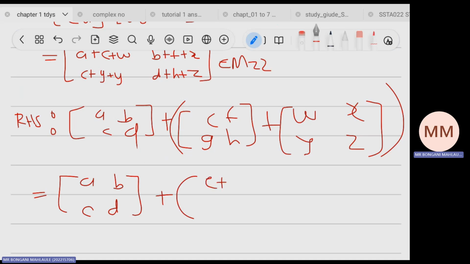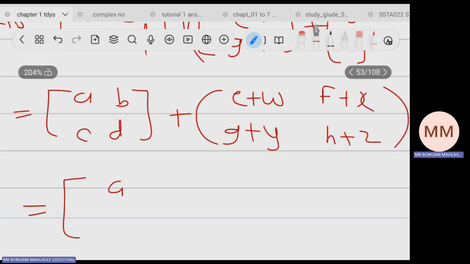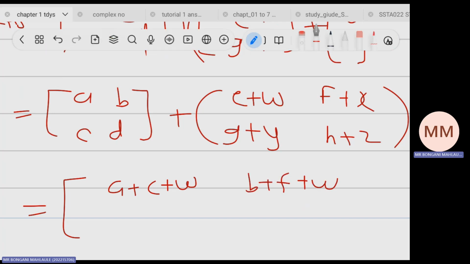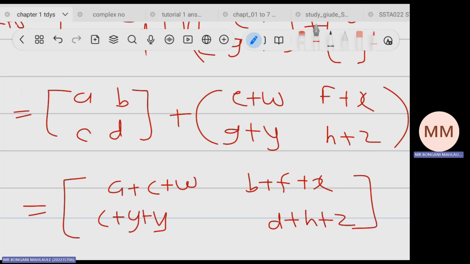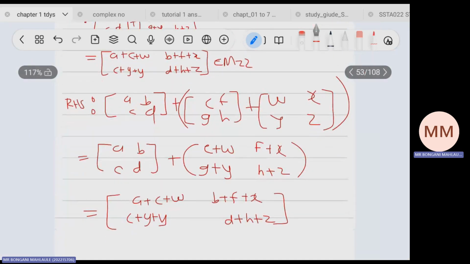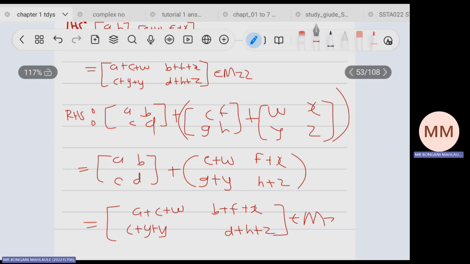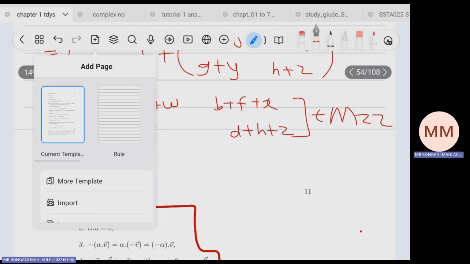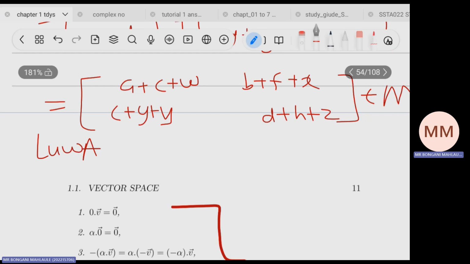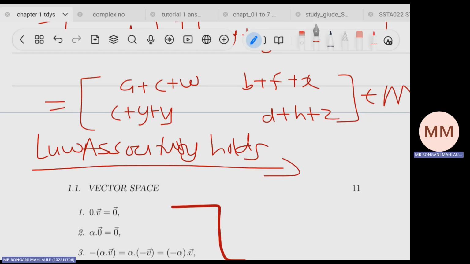This will be e plus W, f plus X, g plus Y, h plus Z. If you compare the left hand side and the right hand side, you realize that they are equal. So associativity holds. The law of associativity holds. So I'm going to quickly skip now.